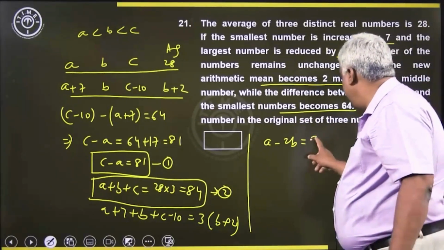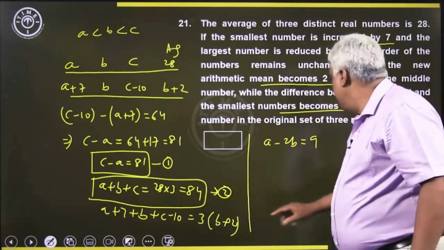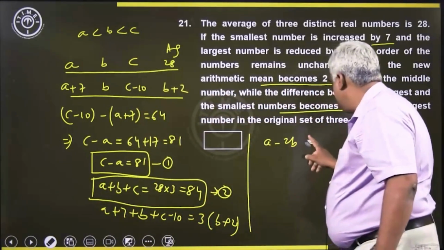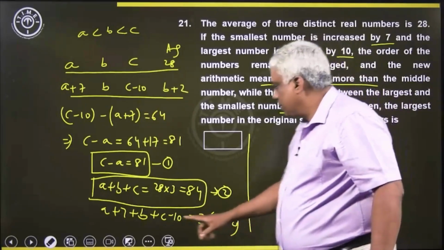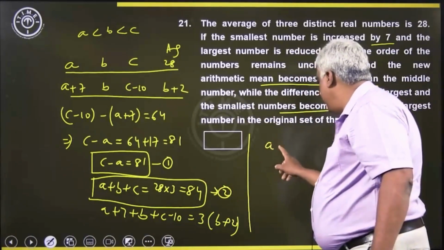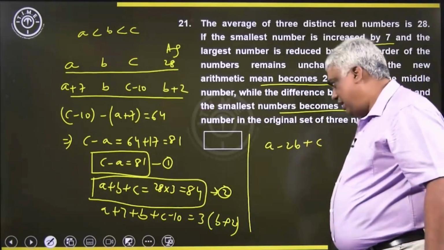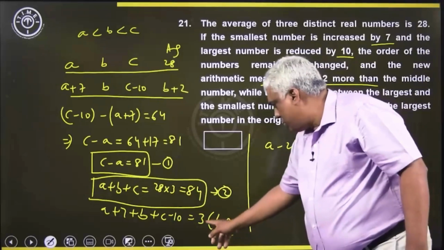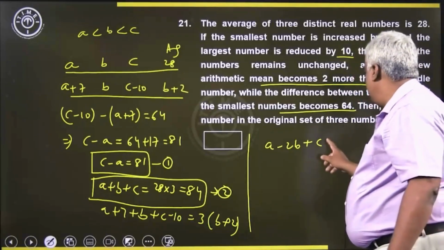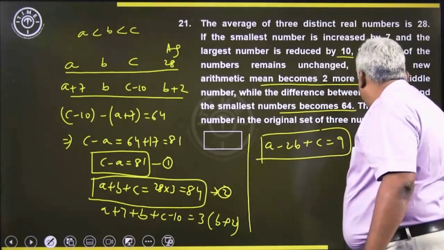Oh, C is also there, I made a mistake, just a minute. So if I take 3B to that side, it will be A minus 2B plus C, and take all numbers to the right hand side. So 2 into 3 is 6, 6 plus 10 is 16, 16 minus 7 is 9. So this is 9; let us call it number 3.